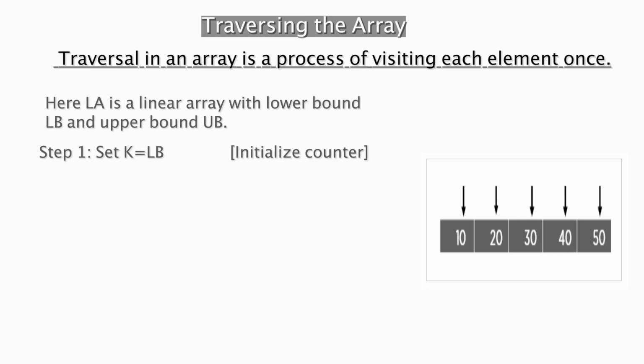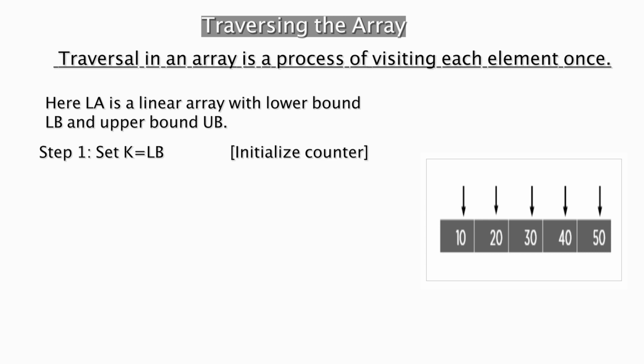So in step 1, I want to fetch all the items available inside the array. So we assign a pointer. In step 1 we assign one pointer. You can assign any name. Here I take k. K will be assigned equal to lower bound.